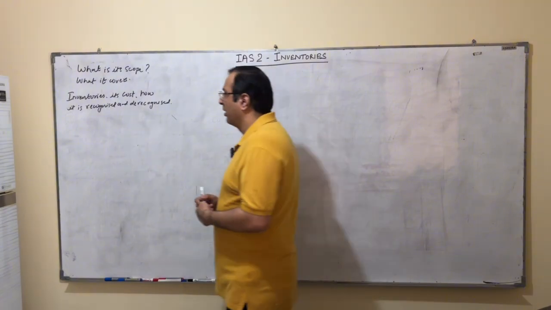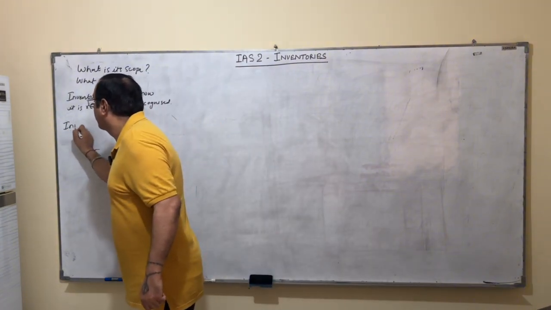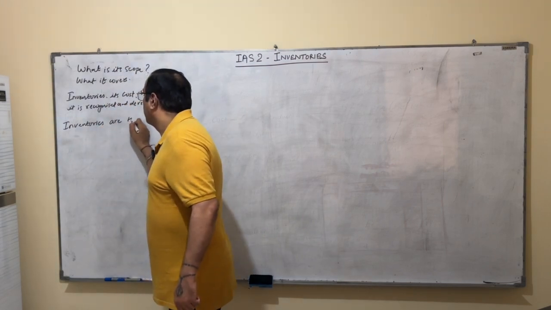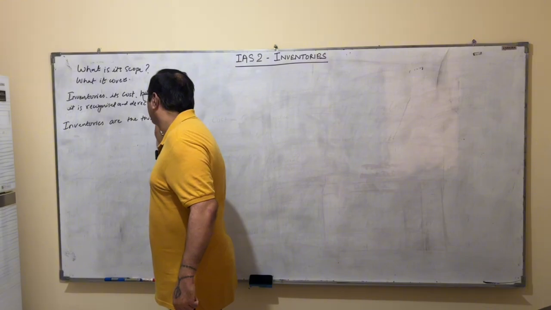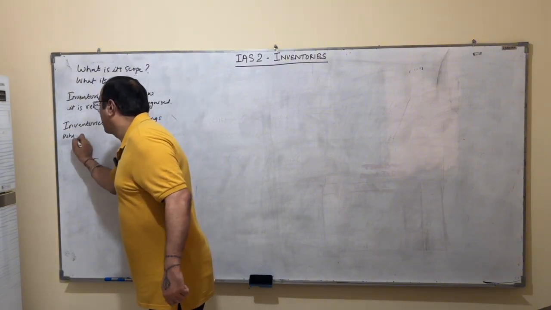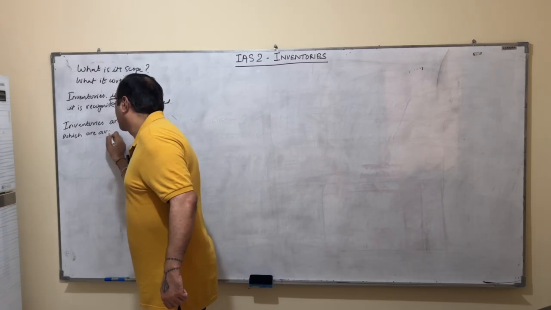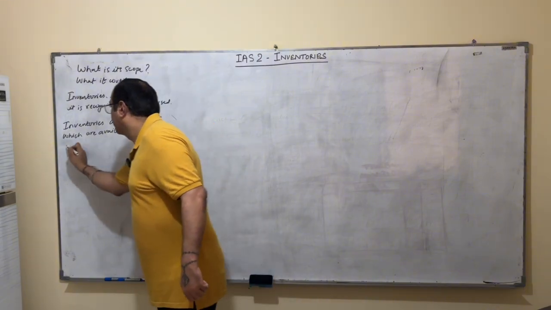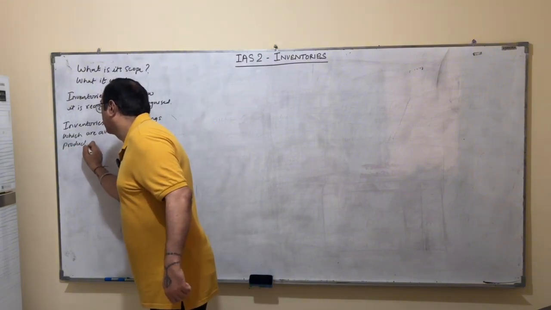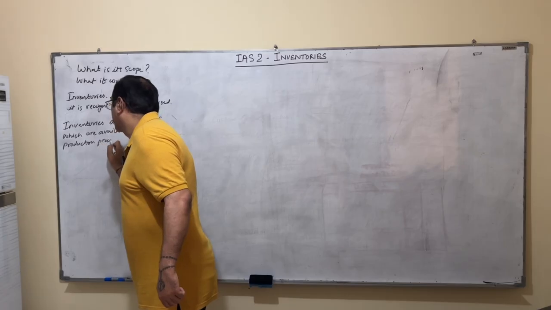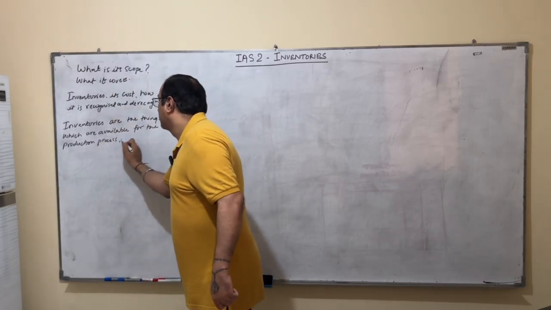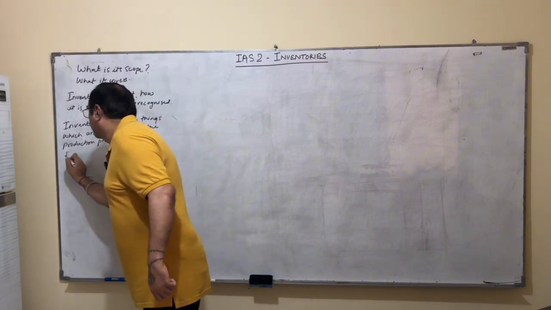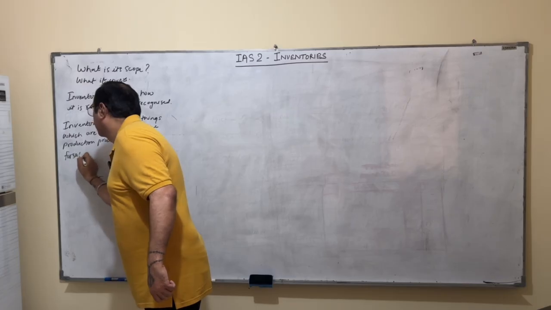Now, let's start the main topic, inventories. What inventories are? I will say that inventories are the things which are available for the production process if I am a producer, or available for sale if I am a trader.